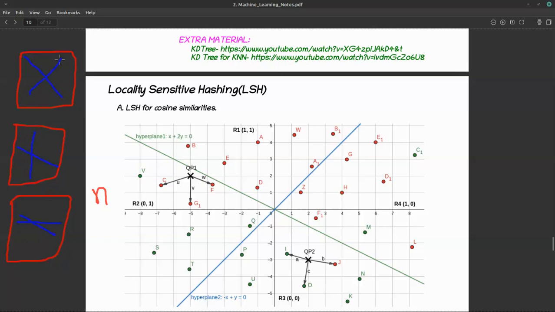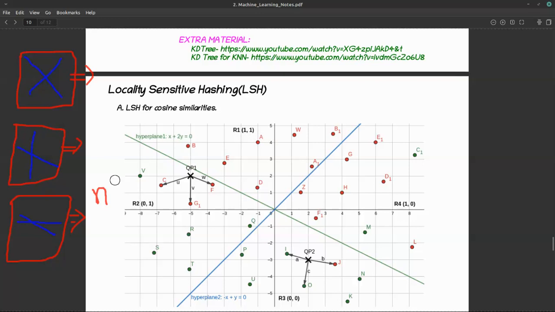See, if I take hyperplane 1 and hyperplane 2 like this, it will construct some hash table, or some dictionary, where r11 may consist of these points, like a to b or a to d. But this point would be classified in, let's say, the r10 bucket. After taking all these n hash tables, each has a different number of points in each bucket.